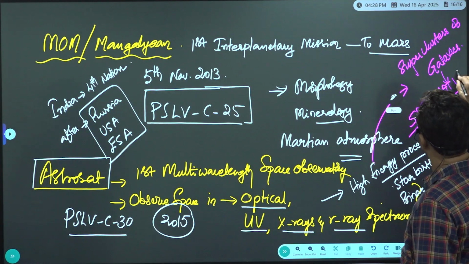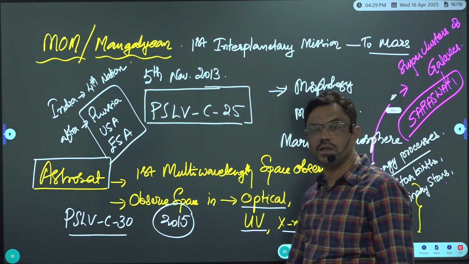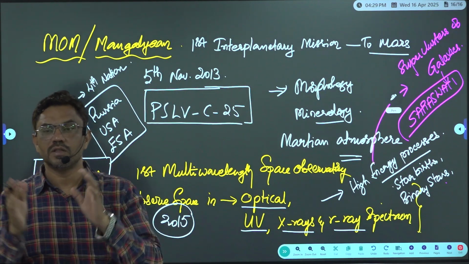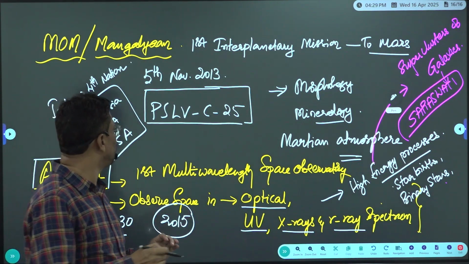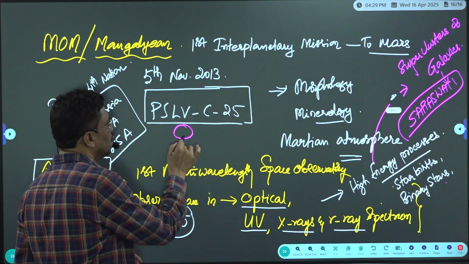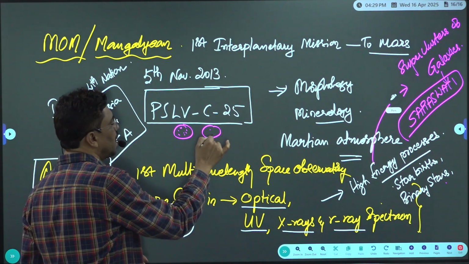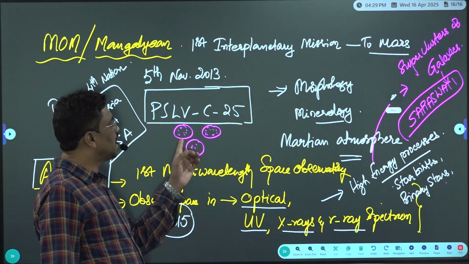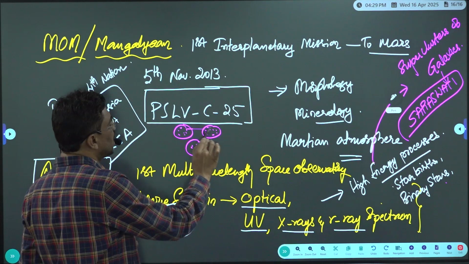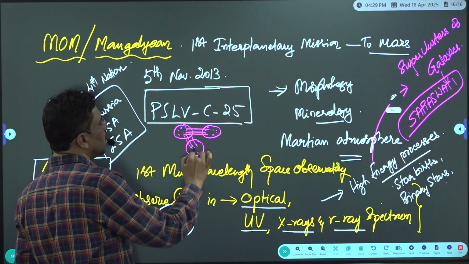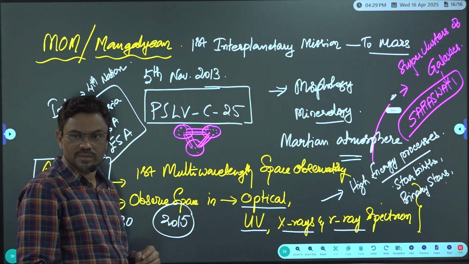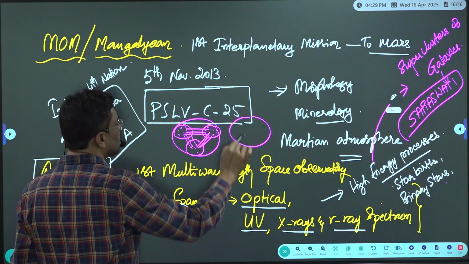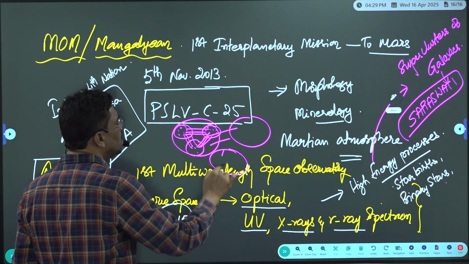So what is a super cluster of galaxies? What is meant by galaxy? Galaxy means a group of stars. Suppose this is one group of stars, this is one galaxy, this is another galaxy. All these galaxies are interlinked like this, and it forms a cluster. Similarly, there are so many clusters, and these clusters are interlinked together.